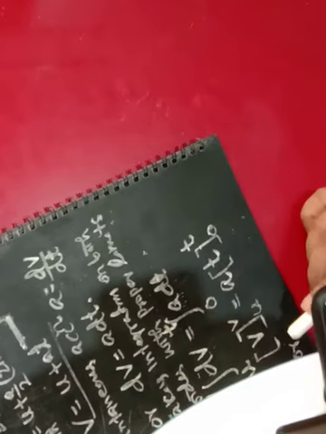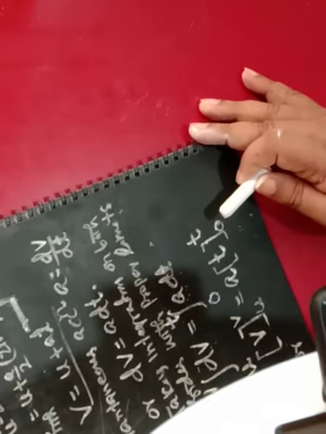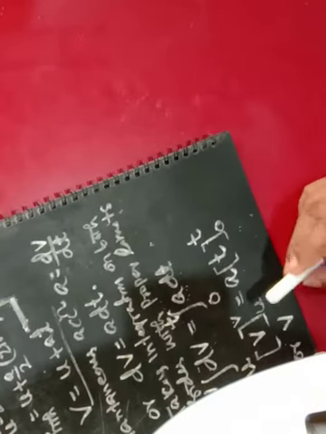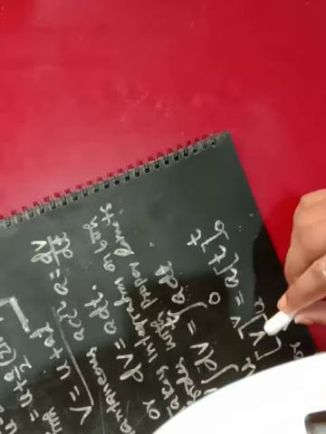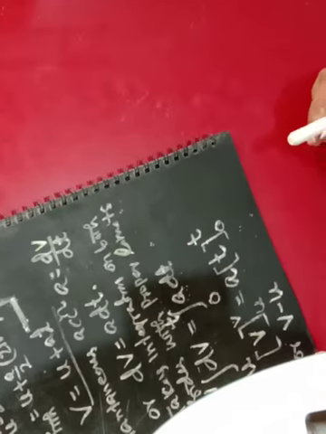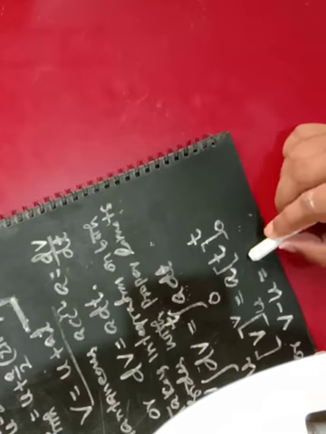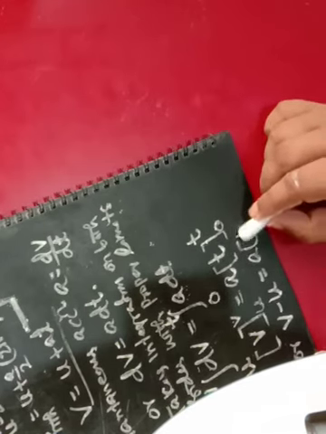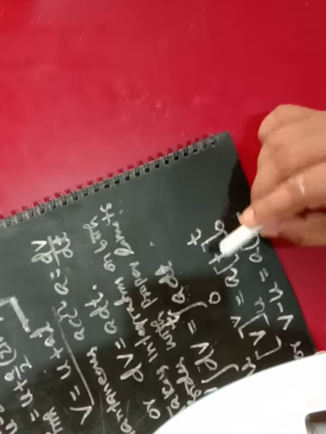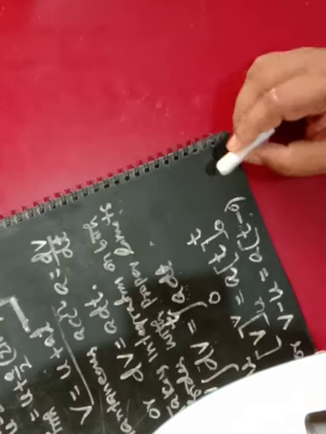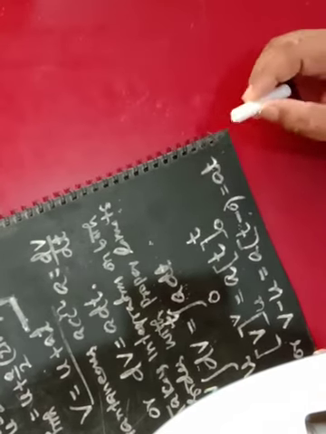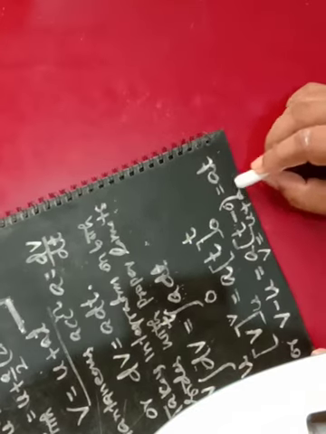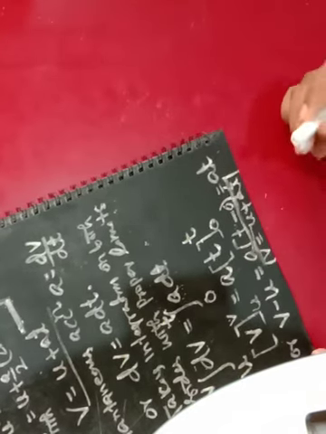Putting the limits, v minus u equals a times t minus 0, so v minus u equals at. The final equation is v equal to u plus at.